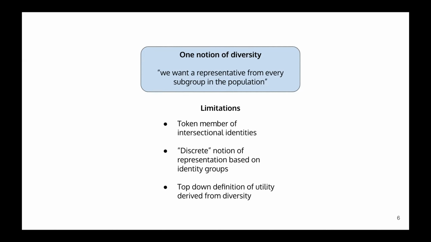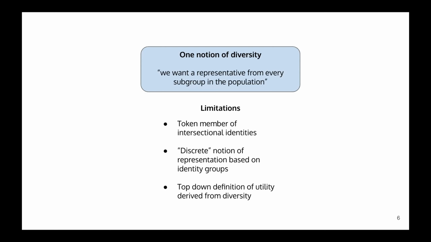Another issue, related to the talk before, is that this is a very discrete notion of representation. You're either a part of the subgroup or you're not, so you either do or you don't represent the subgroup. We know that people contain multitudes and subgroups do as well, so there might be different interests represented by different potential candidates that are not well summarized by just membership.